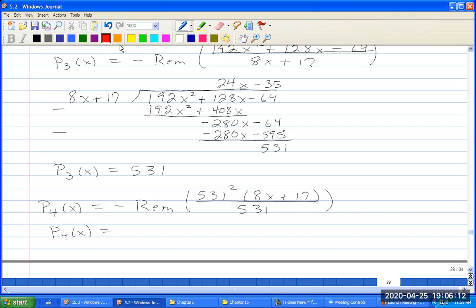I can cancel these. So the remainder of the division of something divided by 1, there is no remainder, so this is just going to be 0.